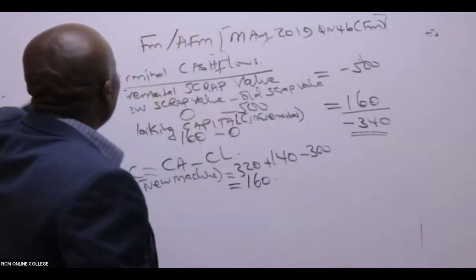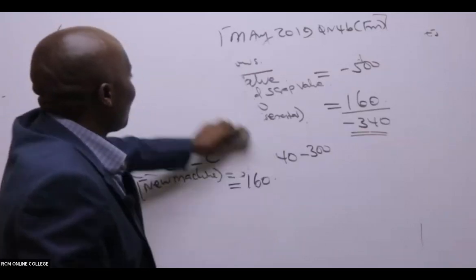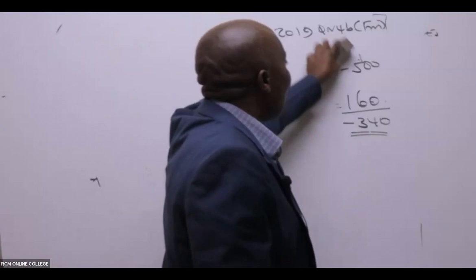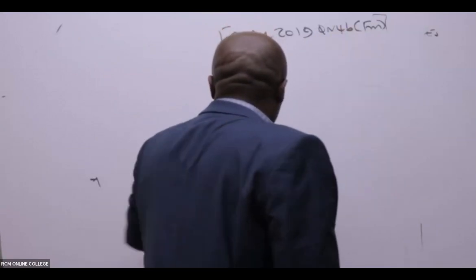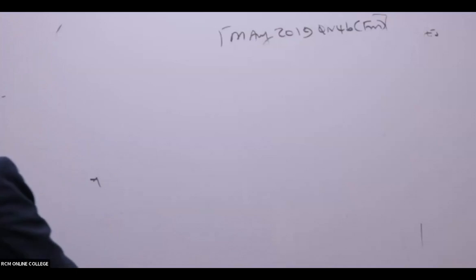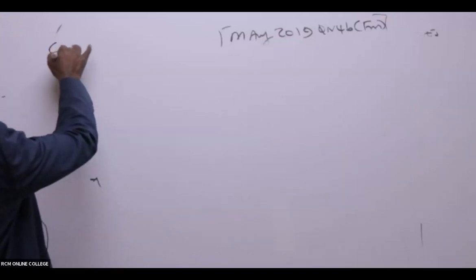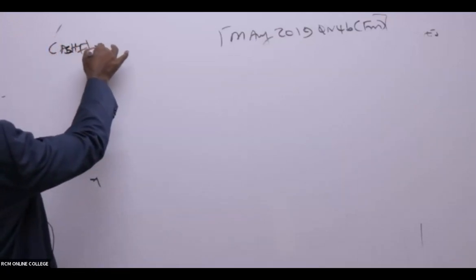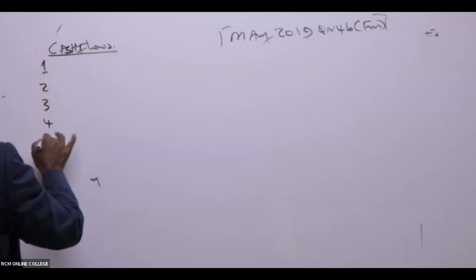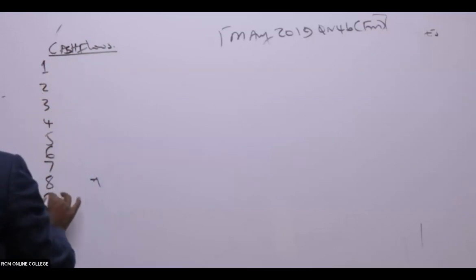Then from there, we shall go to the next working, which now is the working of operational cash flows. Give me the cash flows here. I can see here we have 10 years: 1, 2, 3, 4, 5, 6, 7, 8, 9, 10.